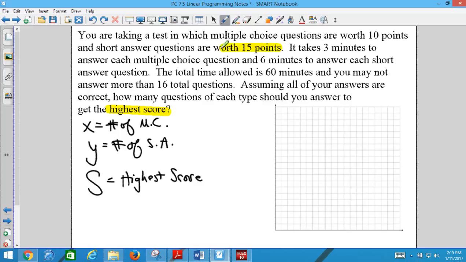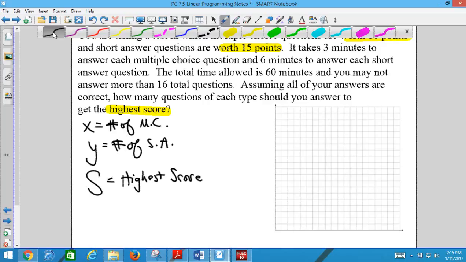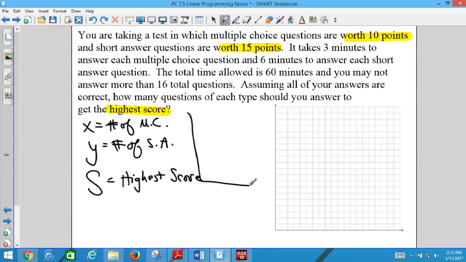Short answer. 15 points and 10 points. Those have to do with the points. So our objective function, is that what it's called? S equals 10x plus 15y. Our score is equal to 10 times the number of multiple choice plus 15 times the number of short answer.